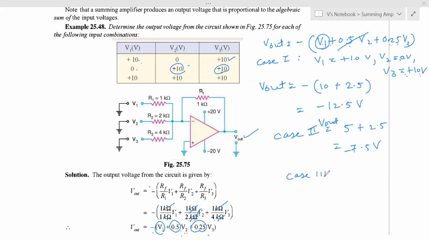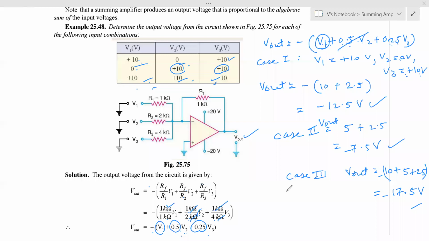And case 3 में कितना आएगा देखो V out? case 3 की ये वैल्यूज है, all 10 वैल्यूज है, 10 वोल्ट है, तो V1 10 वोल्ट, ये 10, V2 is 10, 10 multiplied by 0.5 will be, yes, 5 volt और ये 2.5. तो एडिशन कितना आएगा? 17 पॉइंट 5 विथ माइनस साइन, माइनस को भूलना नहीं है, -17.5 volt.